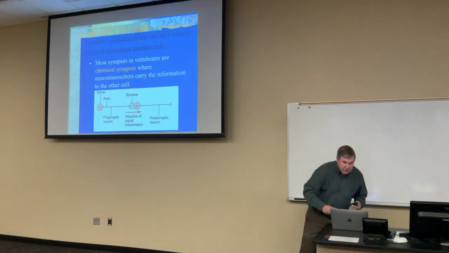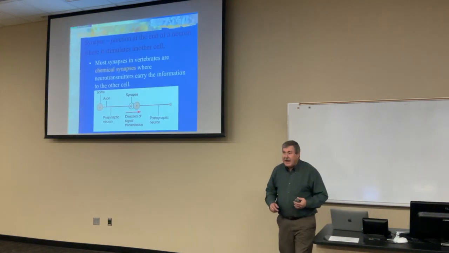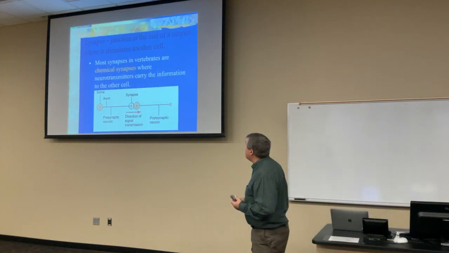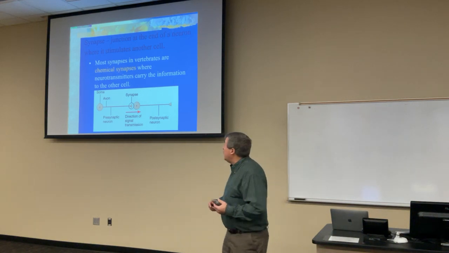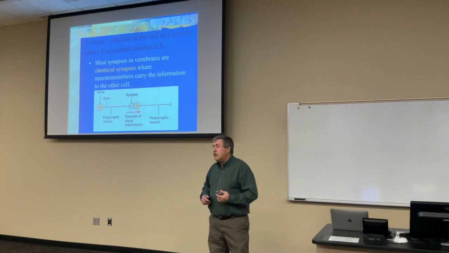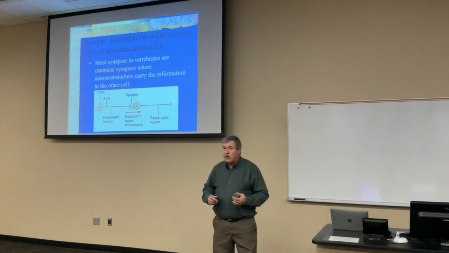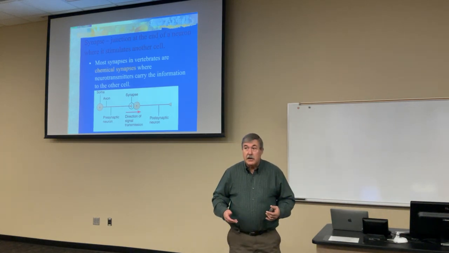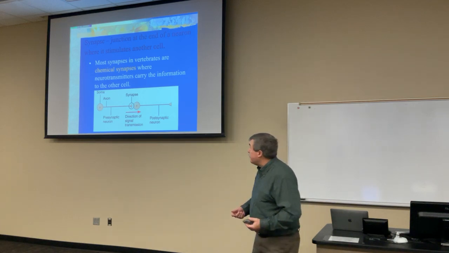Okay? So, a synapse is a junction at the end of a neuron where it stimulates another cell. Another cell may be another neuron, or it could be an effector, like a muscle fiber.